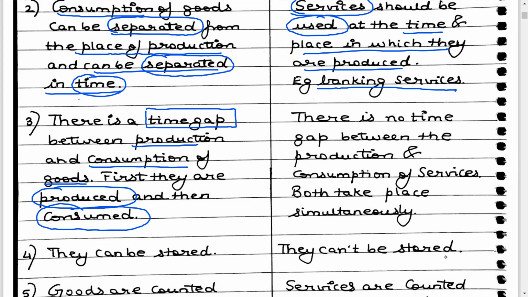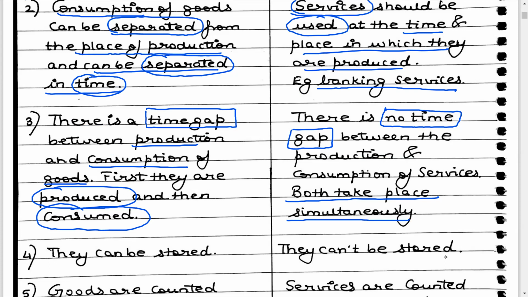That means when we talk about goods, there exists a time lag between when these goods are produced and when these goods are available for final consumption by the consumer. But in the case of services, there is no time gap between production and consumption, as both are taking place at the same point of time simultaneously.